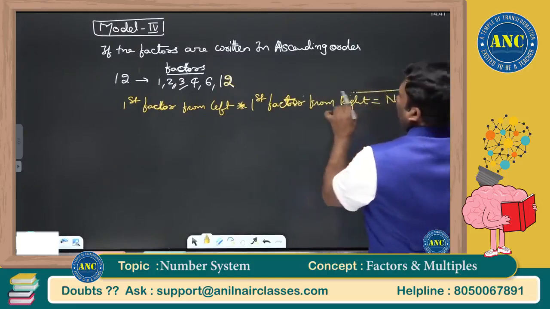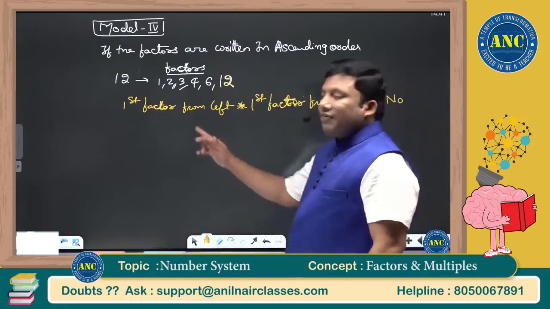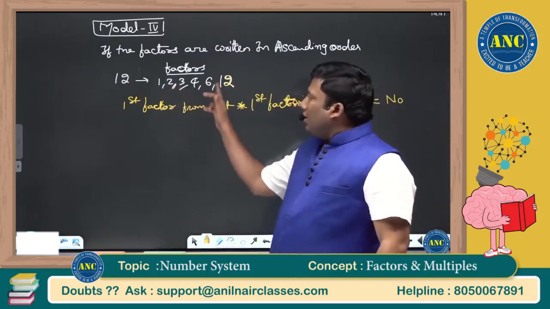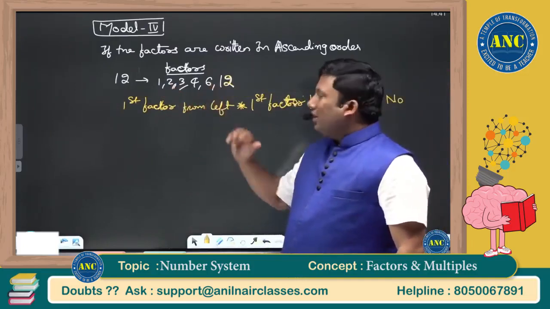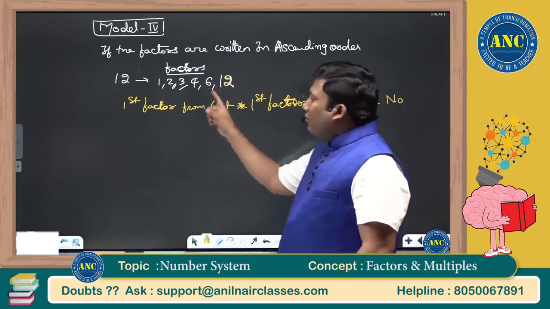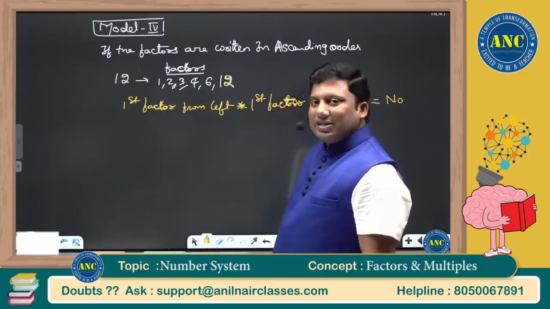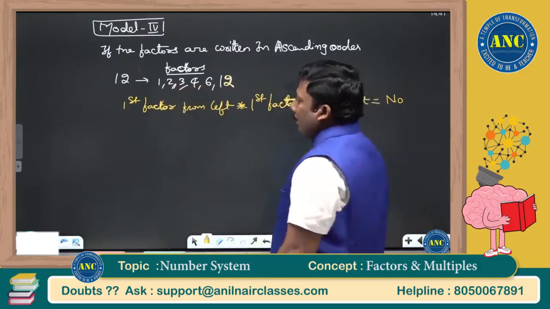Am I right? 1 into 12, it is 12. Second factor from the left into second factor from the right is equivalent to the number itself. Third factor from the left into third factor from the right is equivalent to the number itself.